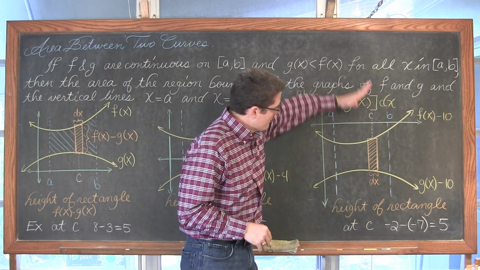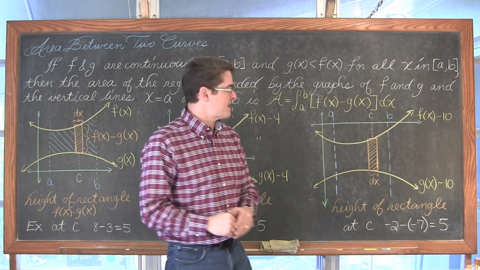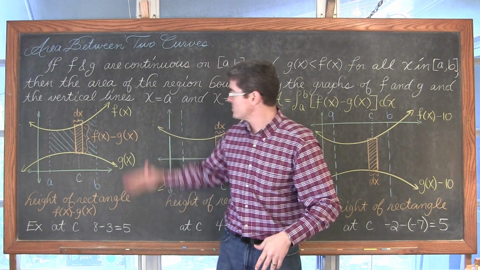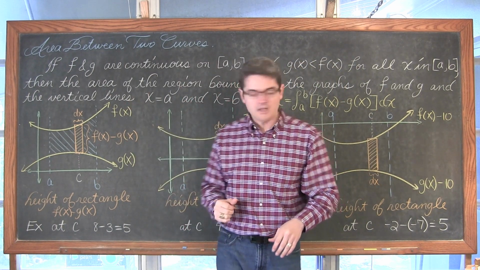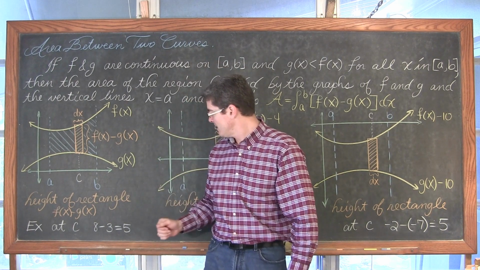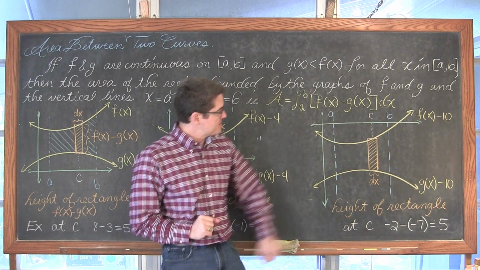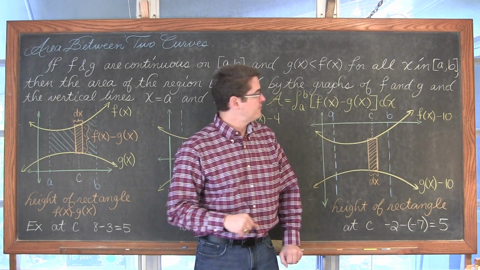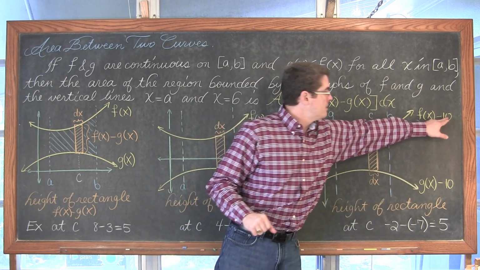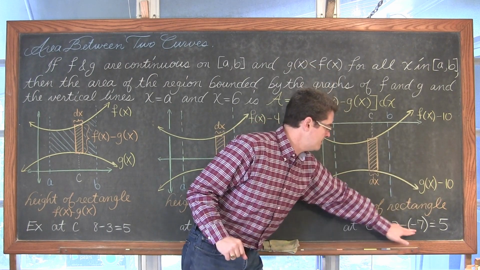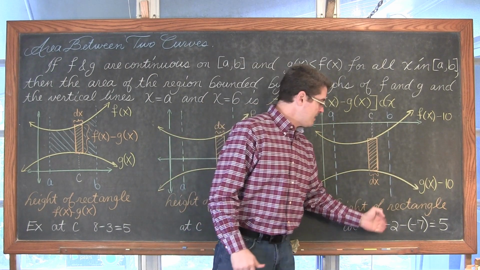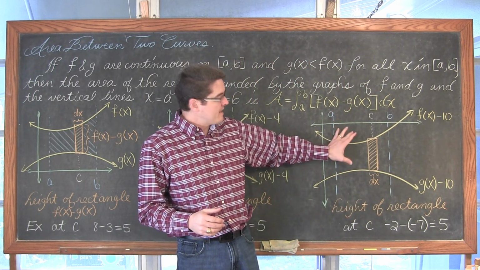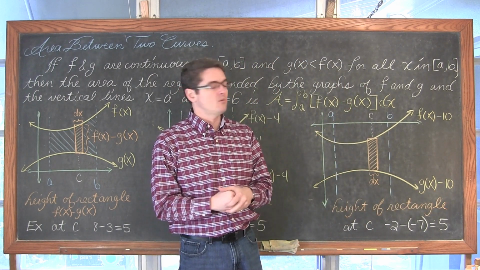And indeed, if I push them both below the x-axis with a vertical shift of down 10 on both of the original functions of f and g of x, well, 8 minus 10 is negative 2, and positive 3 minus 10 is negative 7, and negative 2 minus a negative 7 is still that height for that rectangle, giving us the same value of 5.